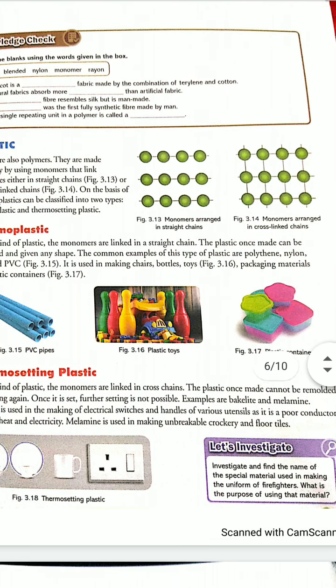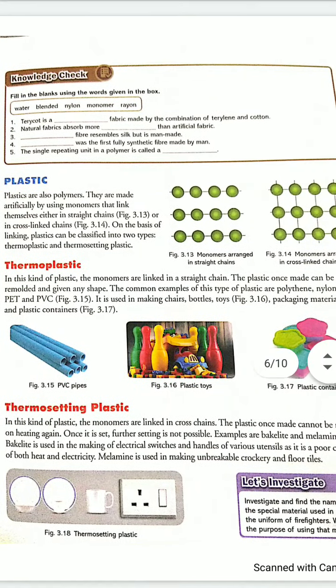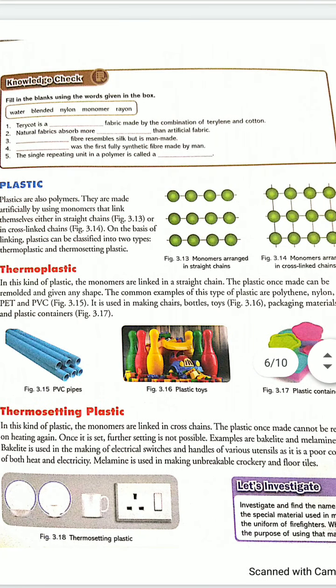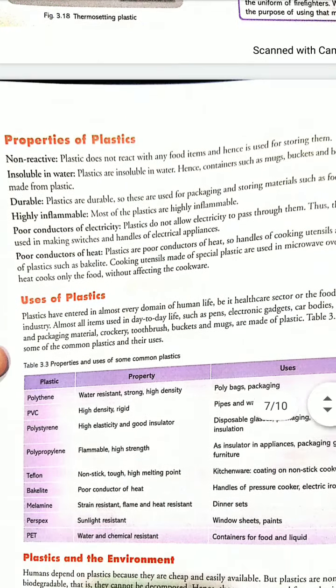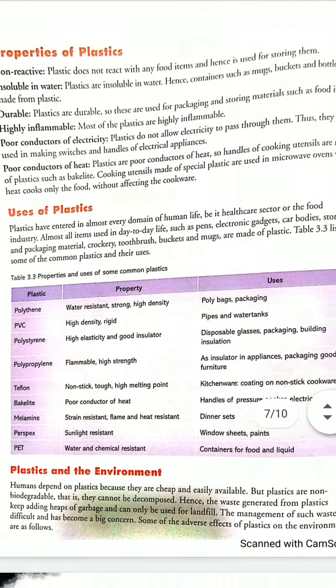And thermoplastic, I have explained to you that your plastic bottles, chairs, toys are made up of this type of thermoplastic. Like PVC, the electrical pipes are made by using PVC pipe. PVC means polyvinyl chloride. Okay, now we will do the properties of plastic.